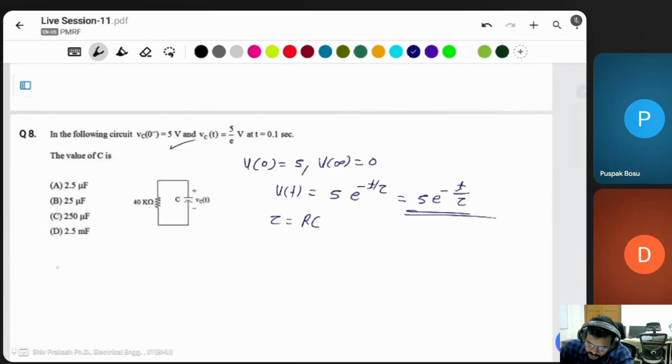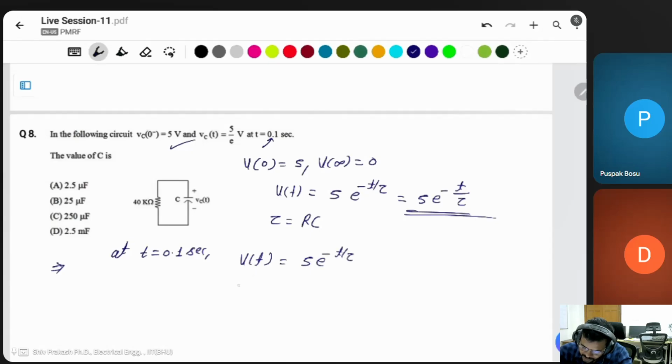In the question, Vc at 0.1 second is 5 by e, at t equal to 0.1 second. What is happening? Vt is equal to 5 e to the power of minus t by tau.